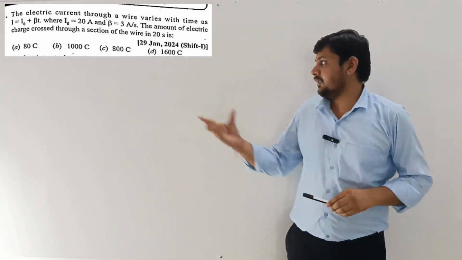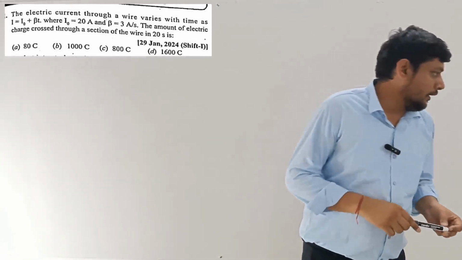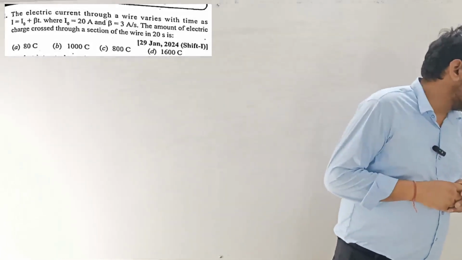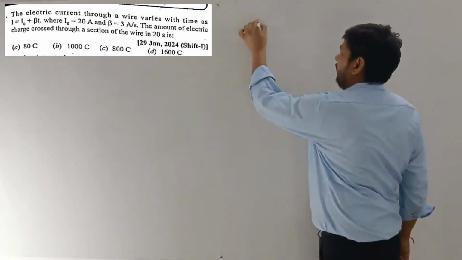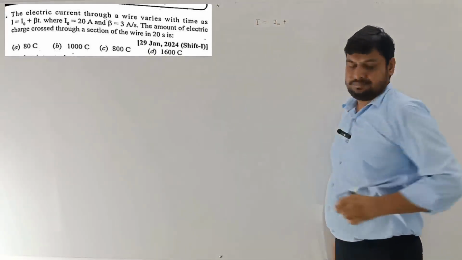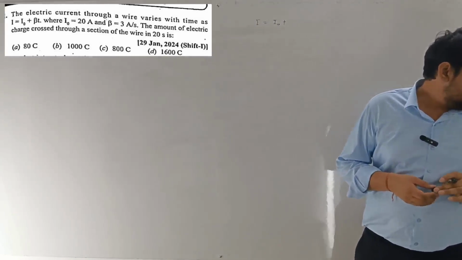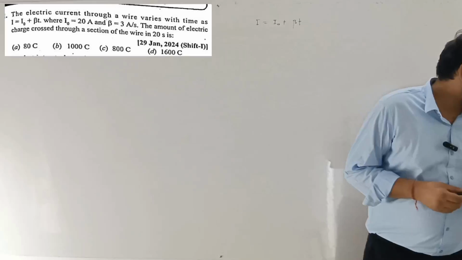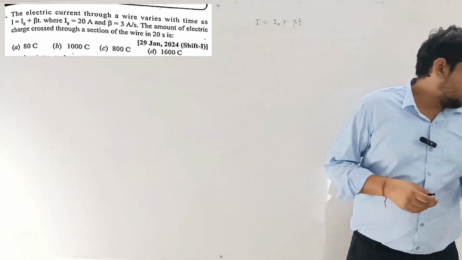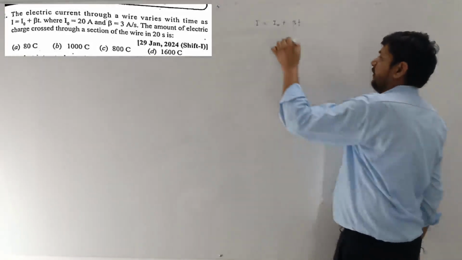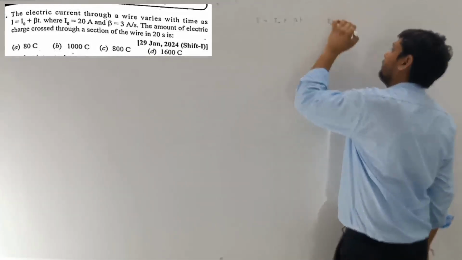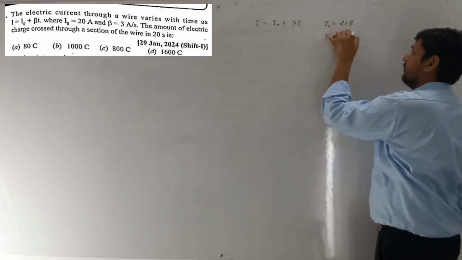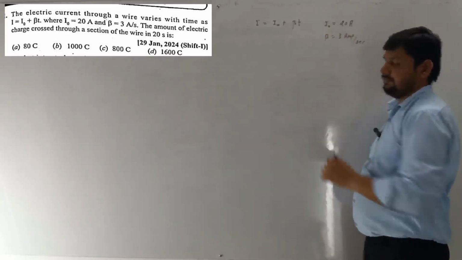And for the next PYQ, you can see the question. The electric current through a wire varies with time as I is equal to I naught plus beta t, where I naught is 20 ampere and beta is 3 ampere per second.